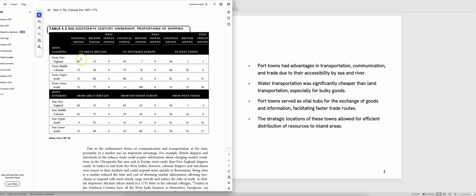But then look at this. When it's coming from the South, again, primarily British.